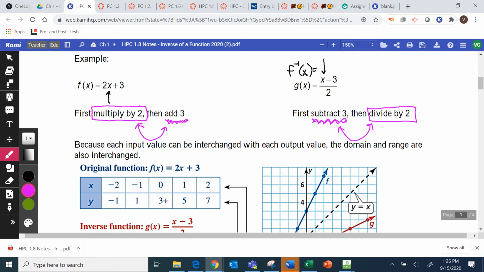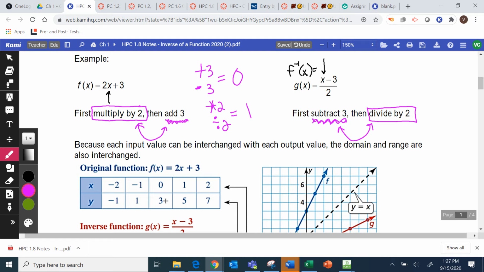One more thing about these. If I add 3 and subtract 3, what do I get? I get 0. What happens when I multiply by 2 and then divide by 2? I get 1.